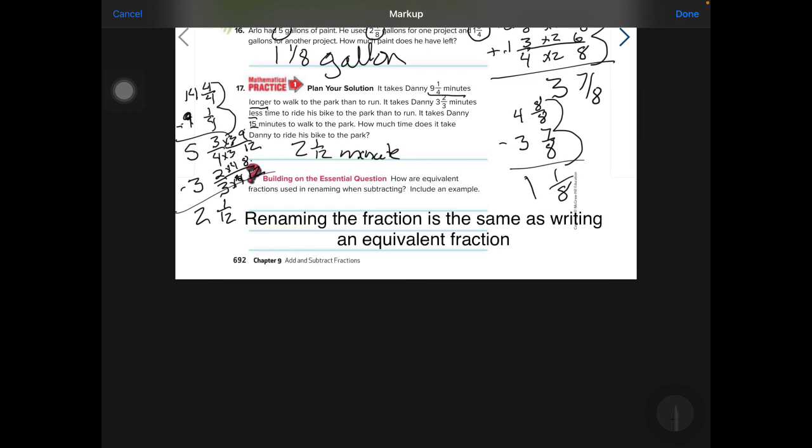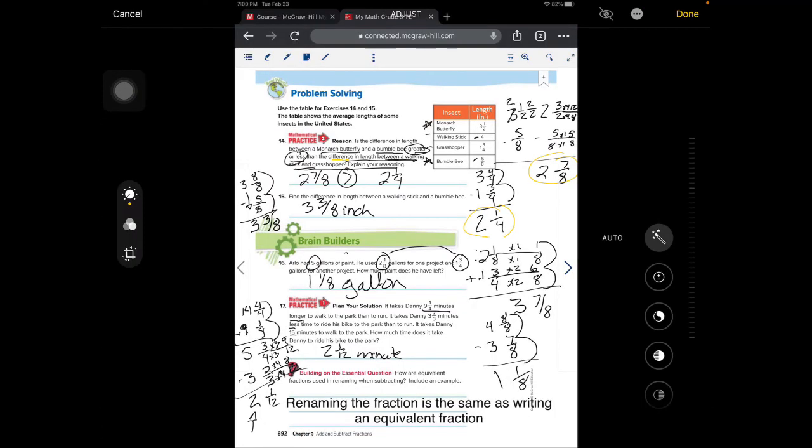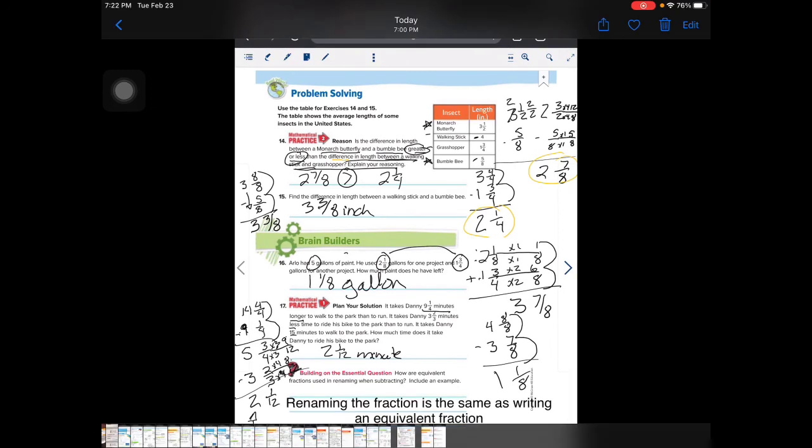And then my example. For the example, I am just going to put an arrow right here showing how I renamed those fractions and made equivalent fractions. Crazy stuff. All right, nicely done, friends.